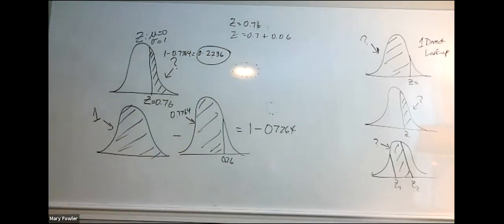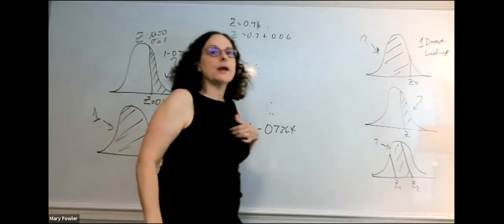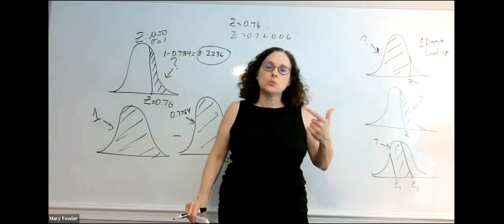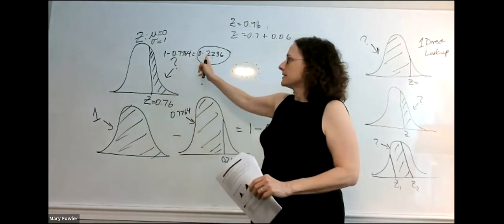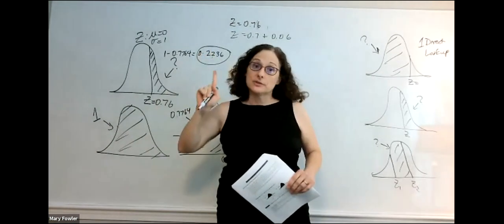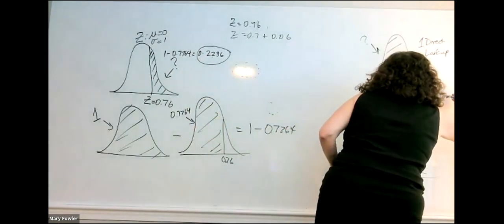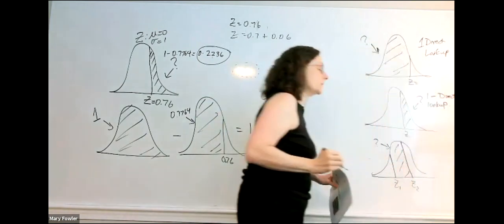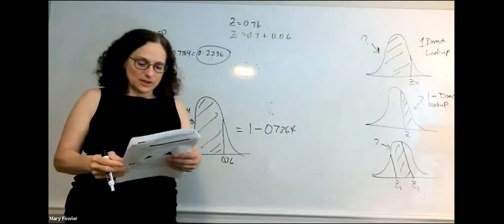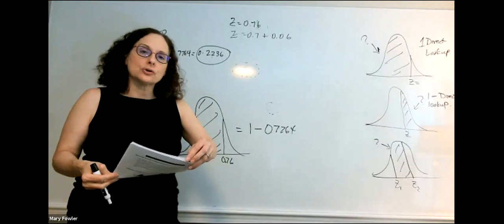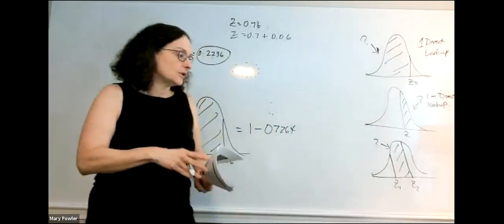Okay, so if you need to calculate the area of a right tail, it's 1 minus the direct lookup. Its direct lookup is the left tail. So this is 1 minus a direct lookup. Okay. Good.